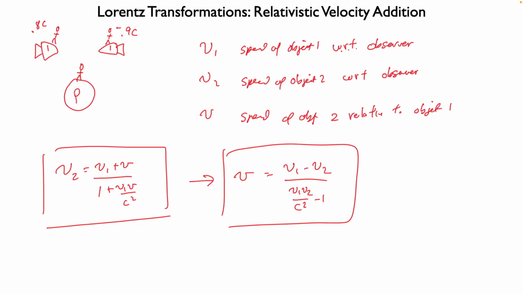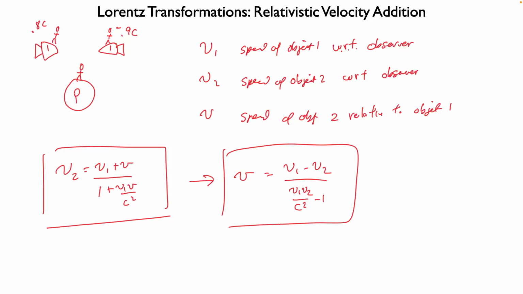You can find what speed the objects would see each other approaching at, or if you knew the speed that they're approaching at and then you knew the speed of just one of them, you could find the speed of the other respective observer. So let's do some examples. Let's just apply what's on the screen right here. Unfortunately, I've got to take it off the screen to be able to go to the next slide. So let's just try to remember, okay? V1, what's V1?